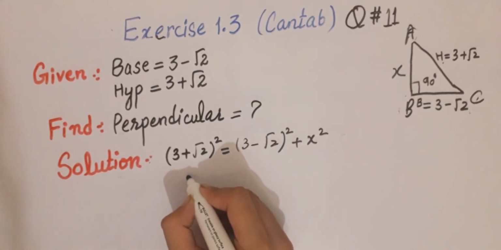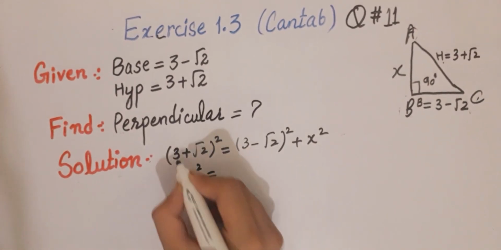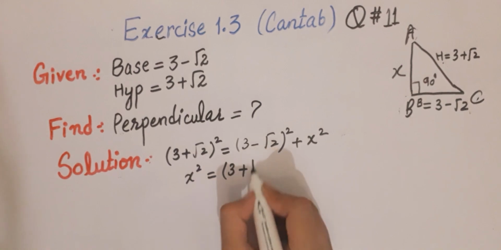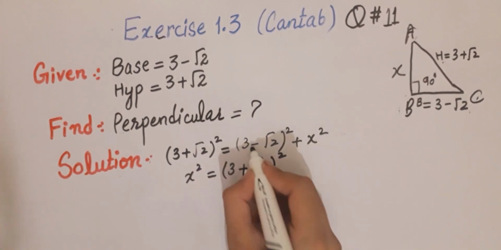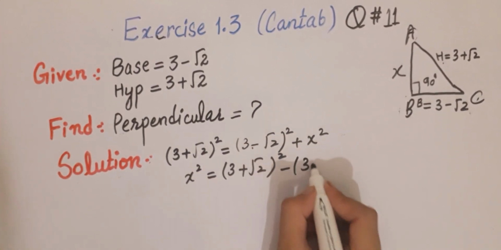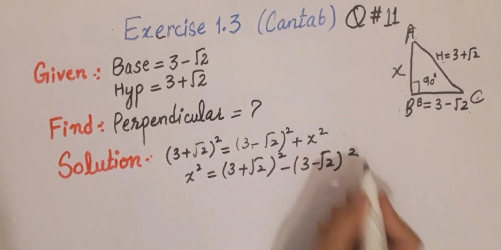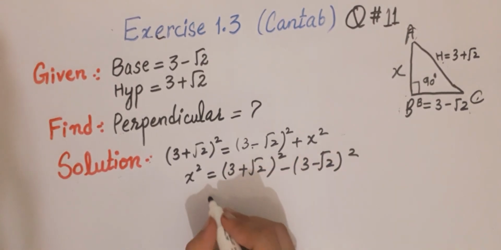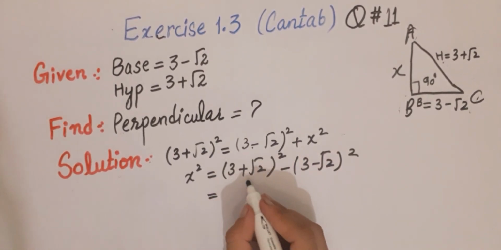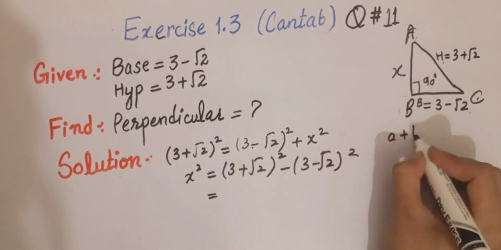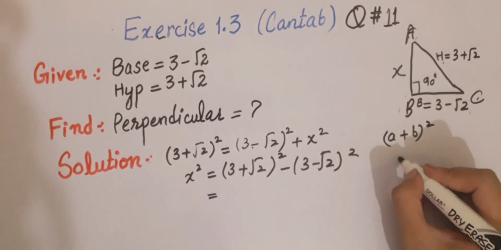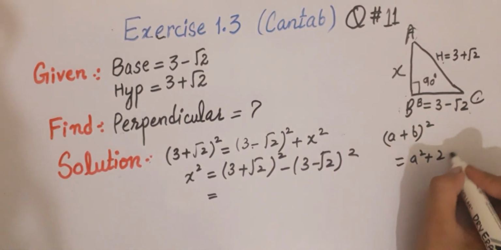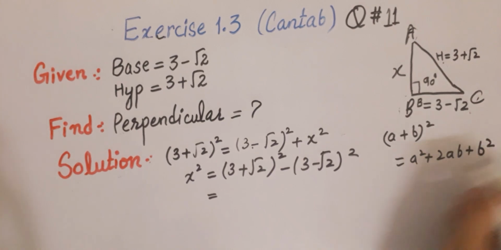So we can write x square is equal to (3 plus square root of 2) whole square minus (3 minus square root of 2) whole square. So we will open this square by applying the formula of a plus b whole square, which is equal to a square plus 2ab plus b square.